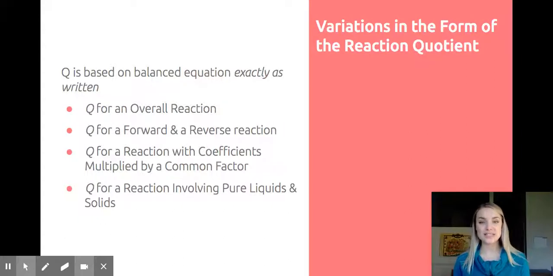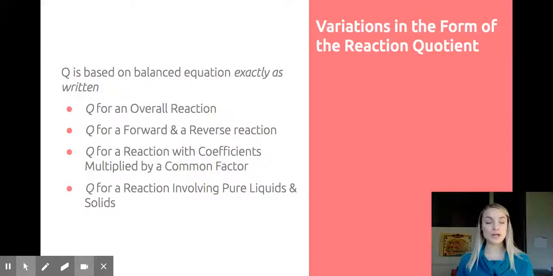Just wanted to revisit this from yesterday because we're going to talk about the other three forms of the reaction quotient. Just to remind you, the reason that there are different forms of the reaction quotient is because the reaction quotient is based on a balanced equation exactly as it is written.